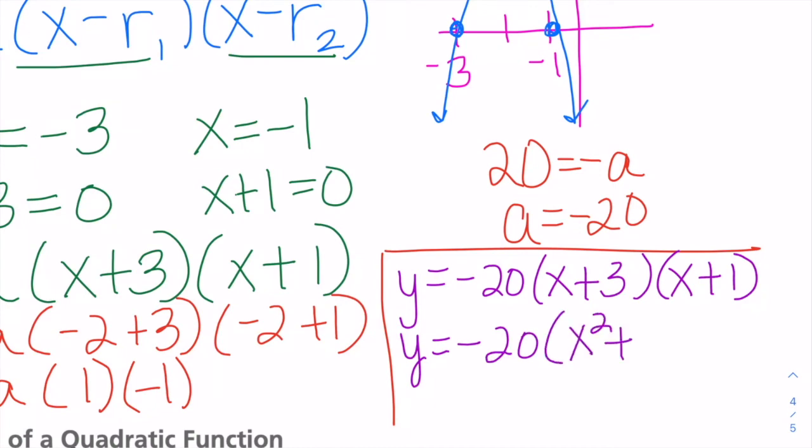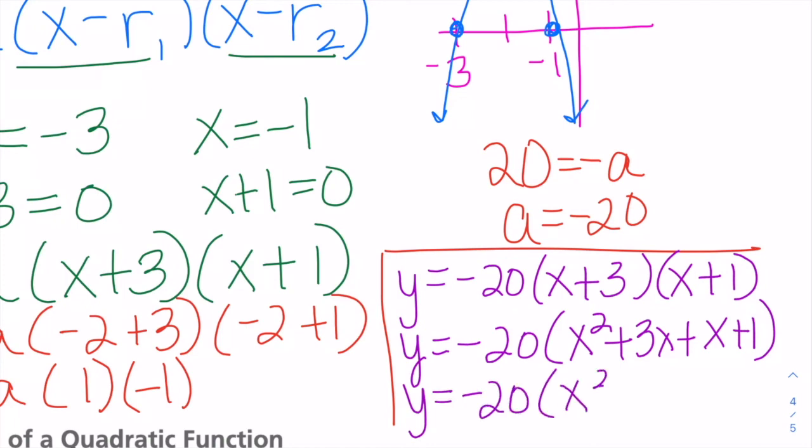So we get x squared plus 3x plus x plus 1. Combine like terms, and we get x squared plus 4x plus 1. And distribute the negative 20. We'll get negative 20x squared minus 80x minus 20.